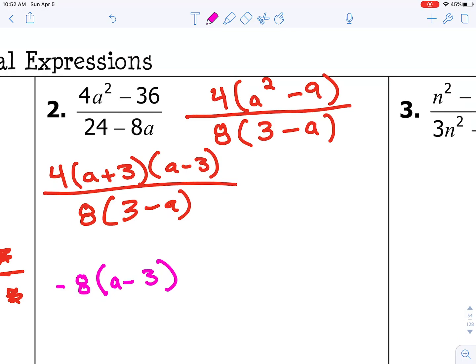is this, if that makes sense to you guys. And the reason for that is that it's the same thing as this, right? Because this would give me negative 8a, and that would give me positive 24. And the reason I did that is so it would line up with my numerator, which is right here.